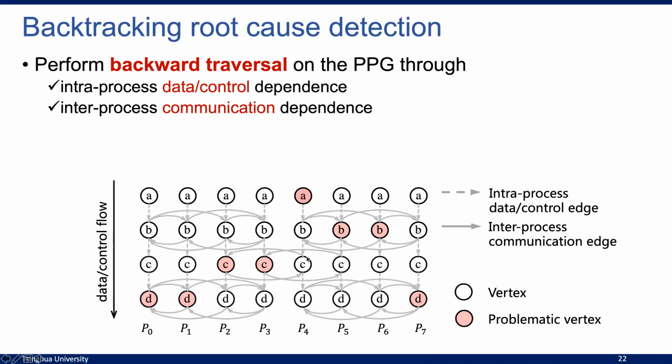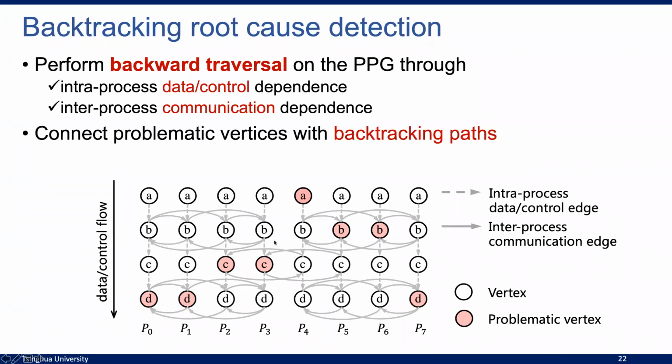In the last step, we connect problematic vertices with backtracking paths. Starting from the last problematic vertices on the PPG, we traverse backward through inter-process communication edges and the intra-procedural data and control edges.